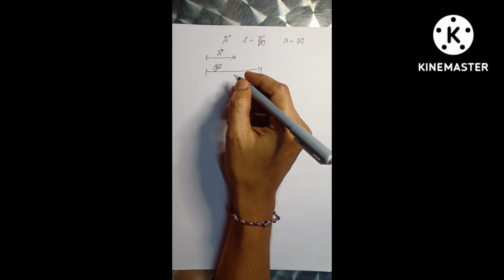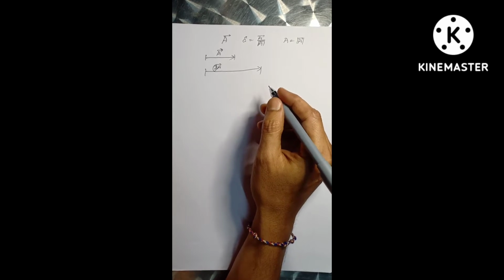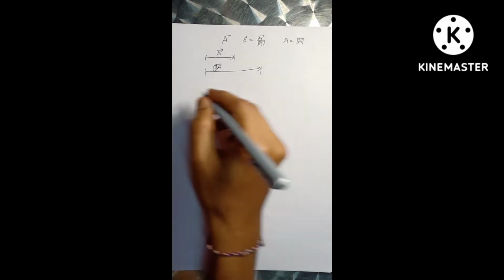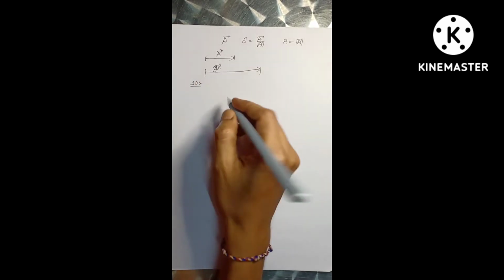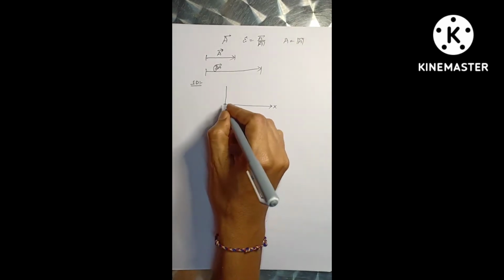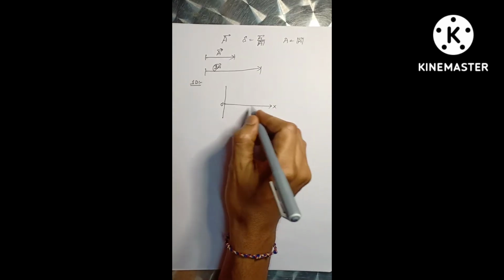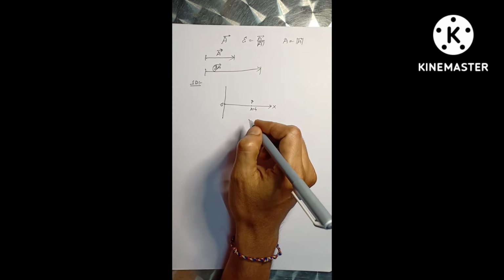And we also represent vectors in one-dimensional, two-dimensional and three-dimensional coordinates. Now, representation of A in one dimension: suppose the x-axis goes from 0 to x. On this x-axis, consider a point P where x equals 4.